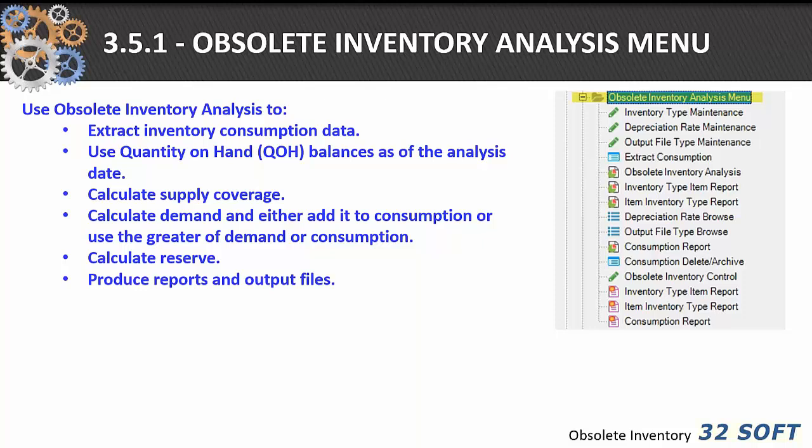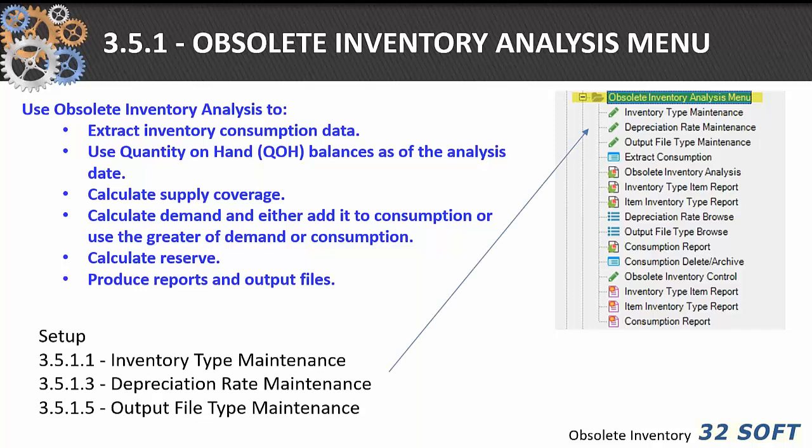And you can extract inventory consumption data. You can use the quantity on hand either by date or GL. It calculates supply coverage. It calculates demand. It'll actually calculate a reserve for you, which is one of the things accountants like. And then you can produce various reports.